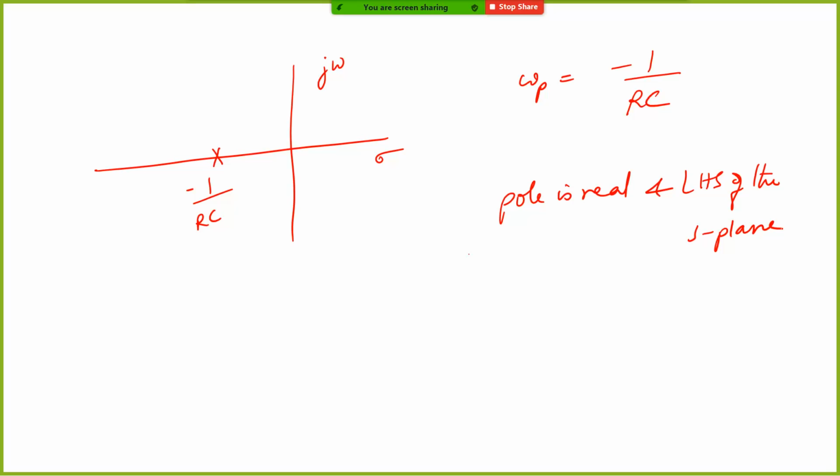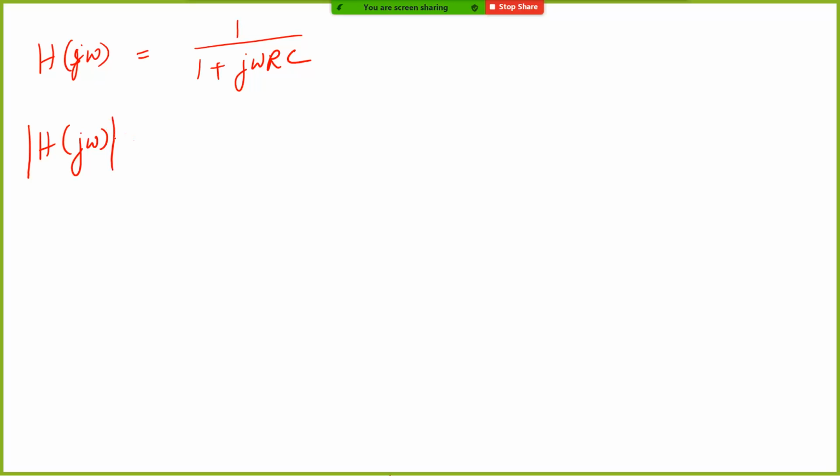Now you have studied the amplitude response, right? So in the amplitude response, H of S, you basically write it as H of j omega, correct? So what is H of j omega for this? It is 1 by 1 plus j omega RC, correct? Now you want to take the magnitude response. What is the magnitude of this one?